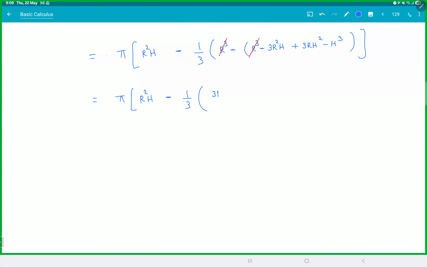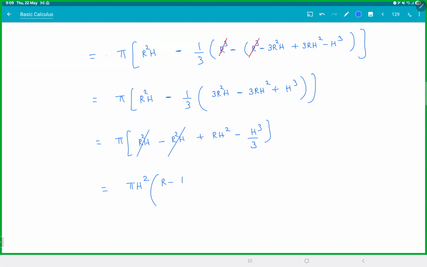The minus goes inside, you'll get 3r square h minus 3r h square plus h cube, divided by 3. You end up with pi r square h minus r square h plus r h square minus h cube by 3. This guy goes off again. You end up with pi. Take out h square common. You will get r minus h by 3. You can multiply this. So 1 by 3 pi h square into 3r minus h.